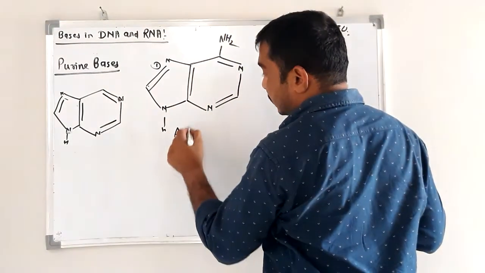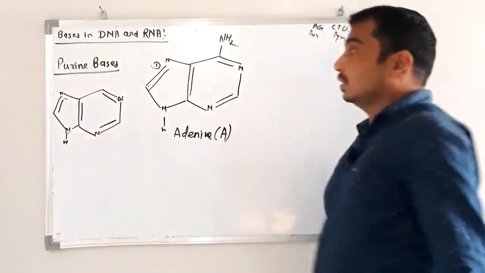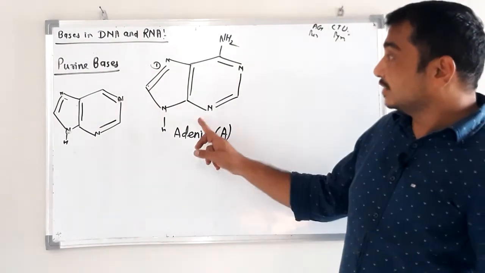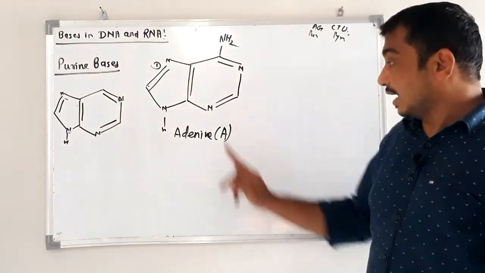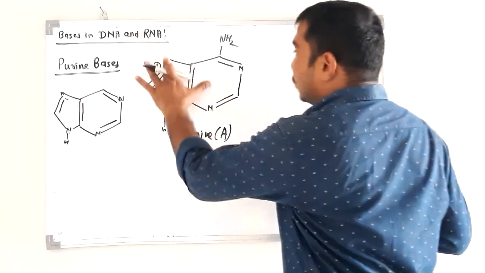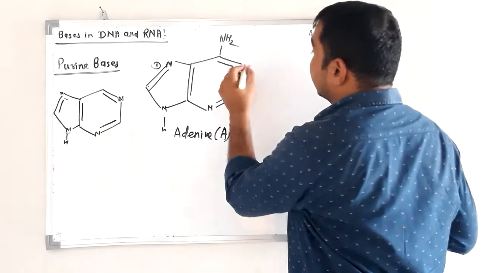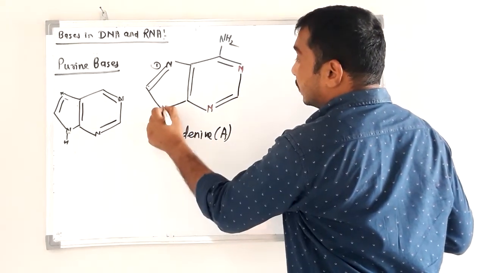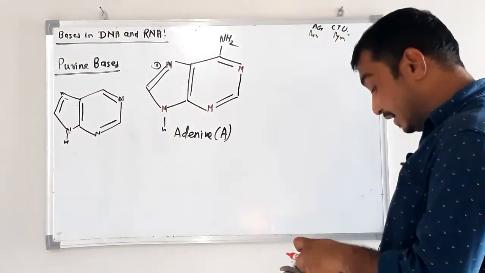This is adenine, or simply A. This heterocyclic base is present in nucleic acid. Remember, there are four nitrogens here. This is adenine.